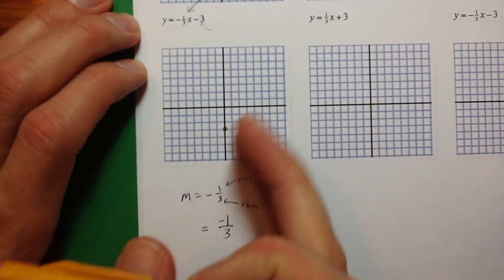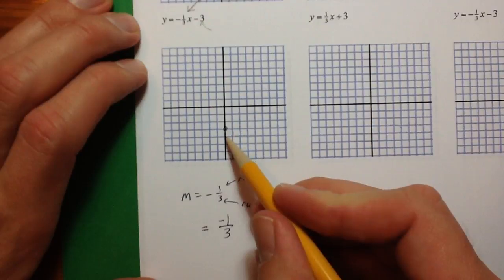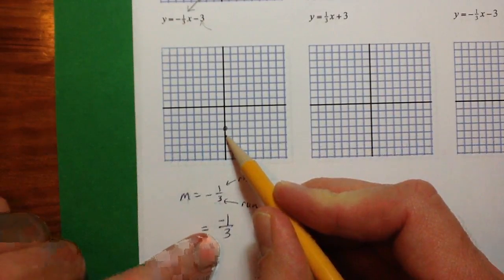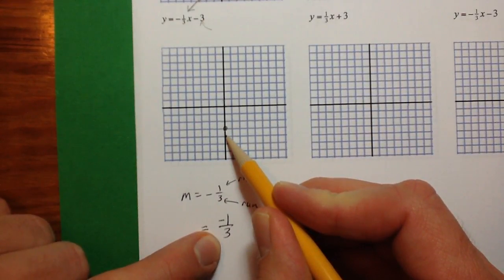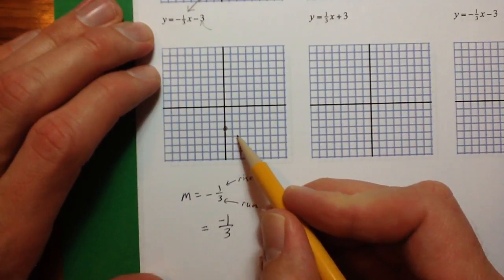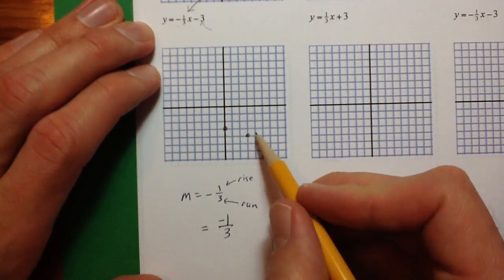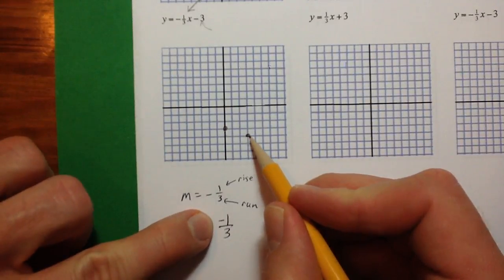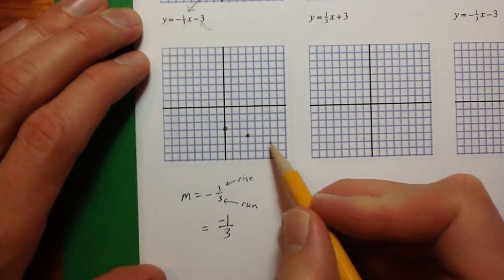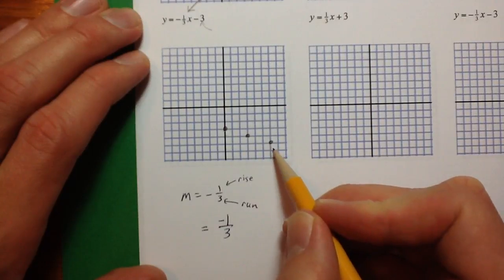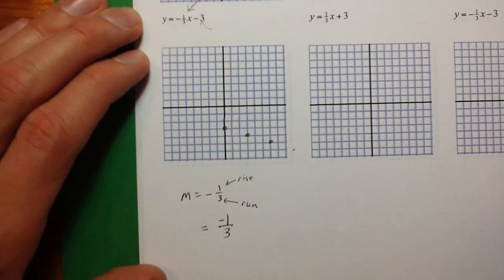Sorry. Not time to put a dot yet. I'm going to fall 1, and now I'm going to run +3. 1, 2, 3. There it is. I'm going to go down 1 and go 3 this way. If I do it again, then I run off the graph, which is fine.